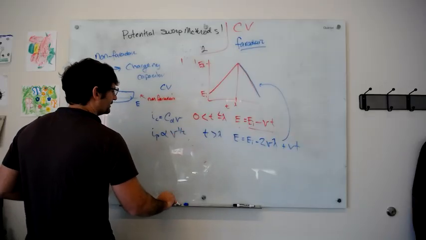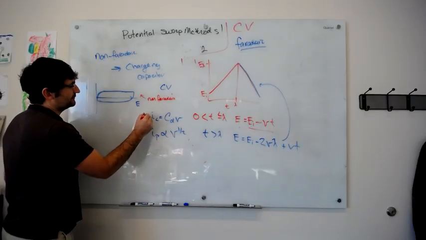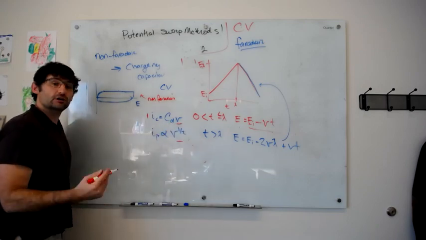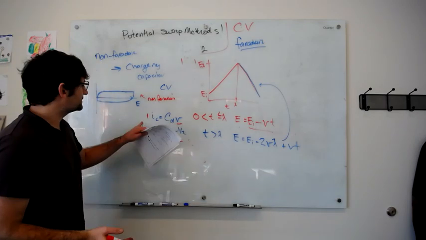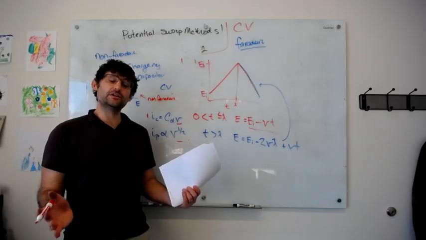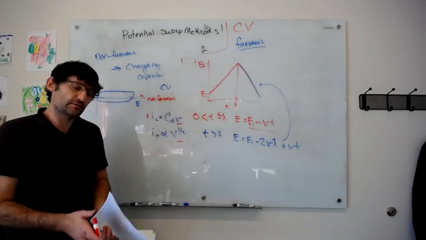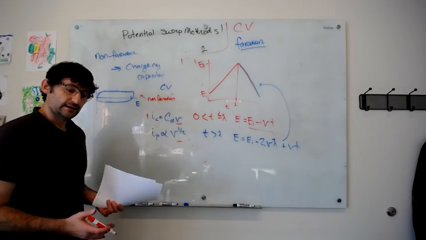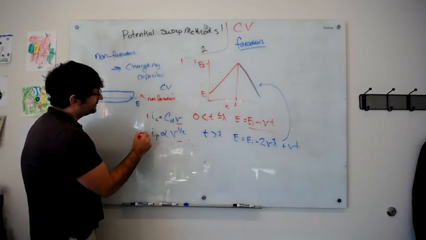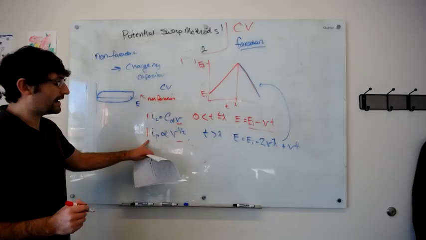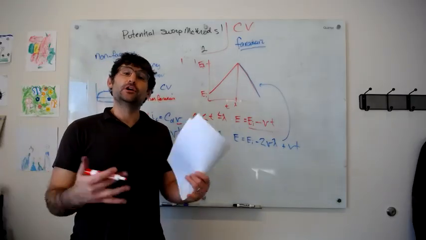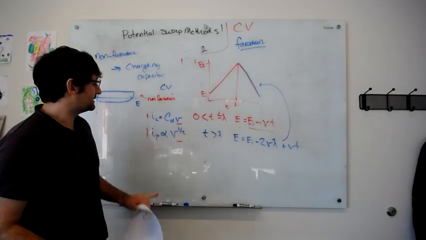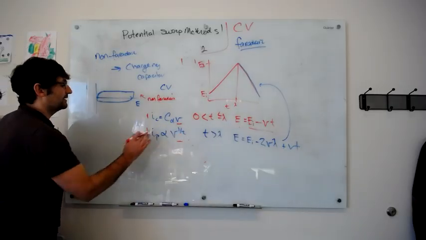So if I scan very fast, this capacitive current grows much faster than the peak current for my Faradaic reaction. And that's because for the capacitive current, nothing has to diffuse. You're just charging the capacitor right at the interface. And we assume that the ions in the electrolyte can move very fast. However, for the Faradaic reaction, we actually have to diffuse things from further away from the electrode surface. And so that's what gives rise to this 1/2 dependence on the scan rate.